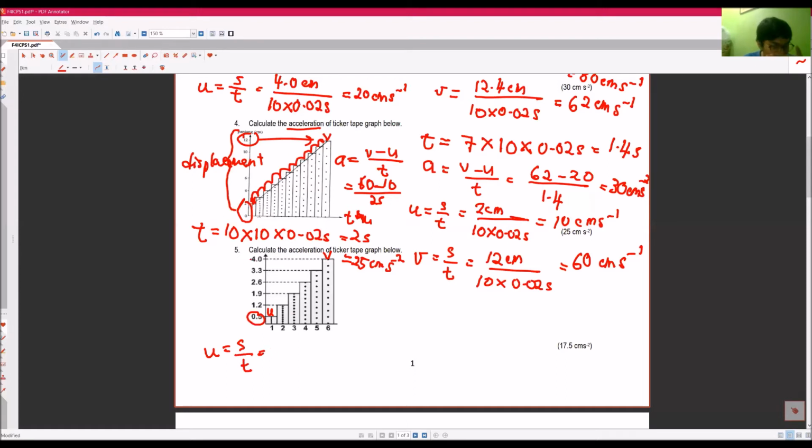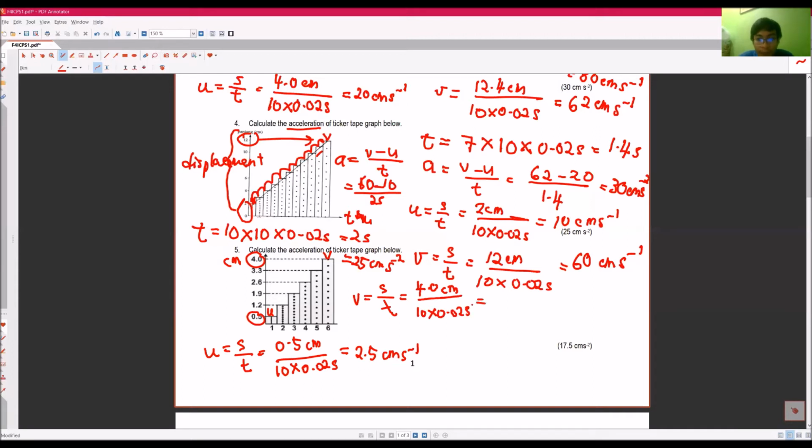We don't have any unit here, but we assume it's centimeter. 0.5 cm divided by 10 times 0.02 second, 2.5 cm s^-1. For v, s over t, now the s is 4.0 cm divided by 10 times 0.02 second, 20 cm s^-1.